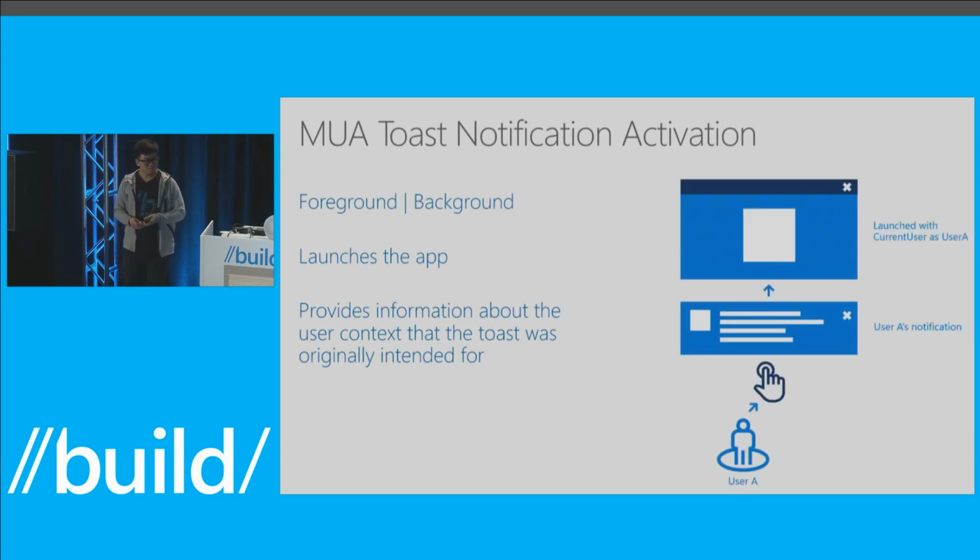However, when the notification gets launched, it will launch with the correct user context that the toast was originally intended for, which means if I construct the notification to target user A, then when that notification is clicked, user A will always be the correct user context getting launched with. So if user B clicks on the same notification that was constructed for user A, then the notification will launch the app with the correct user context of user A.